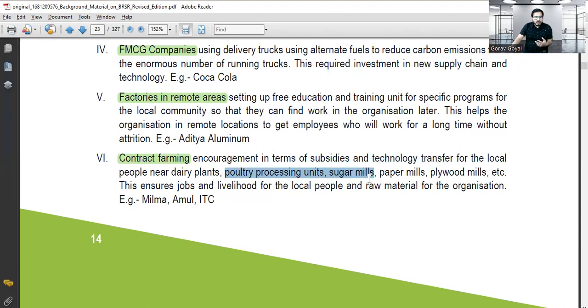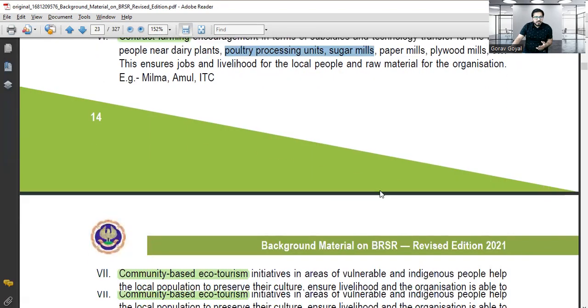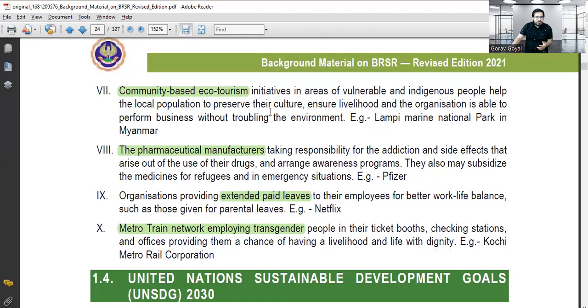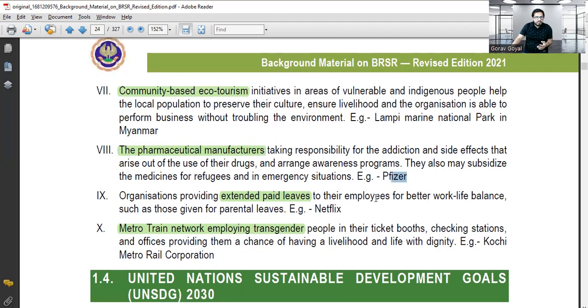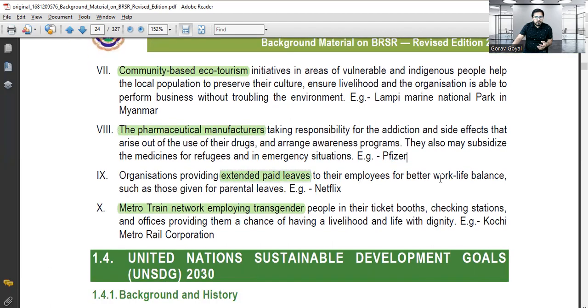So that is how you can increase the efficiency. Community-based ecotourism, and then pharmaceutical manufacturers, for example Pfizer, giving extended paid leaves to their employees for better work-life balance. So this is also a kind of sustainability, that the mental ecosystem of employees as a whole should not be deteriorated.